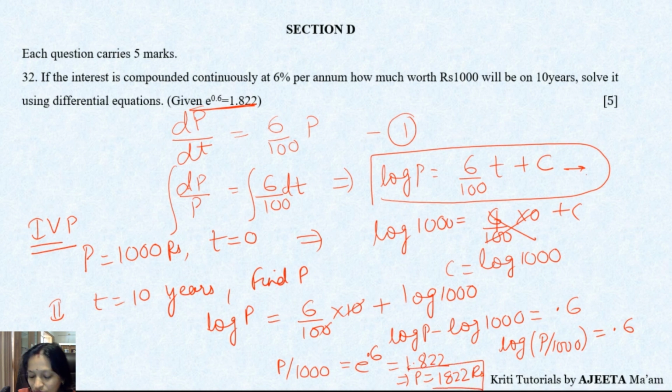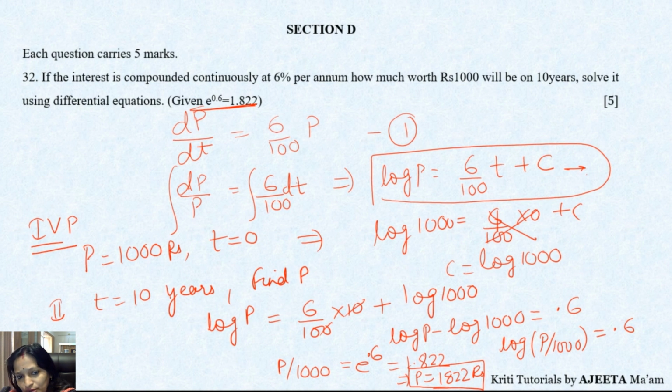So 1000 rupees will become 1822 rupees in 10 years. Correct? So this is how we calculate it if you are calculating at 6%. Otherwise it's a simple question. You can easily do it with simple interest or compound interest, but we have to use differential equations, so we have to move accordingly.